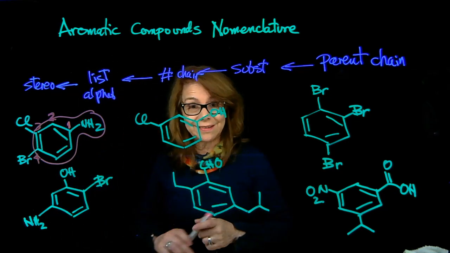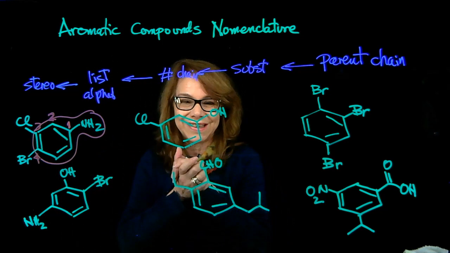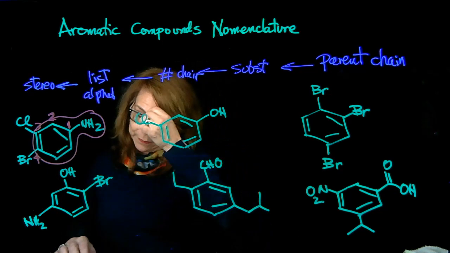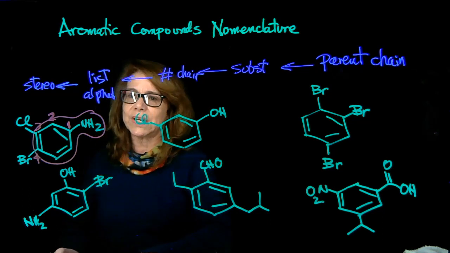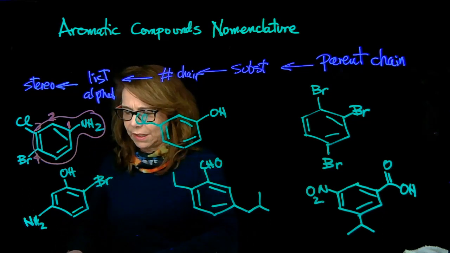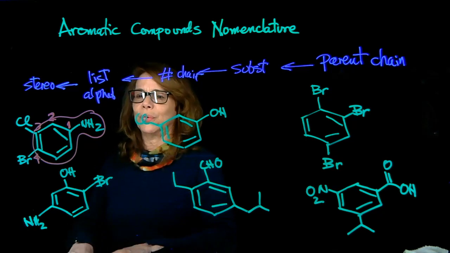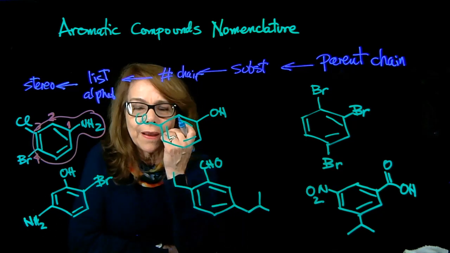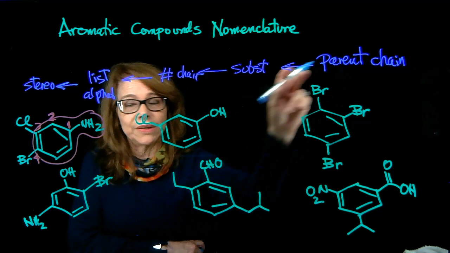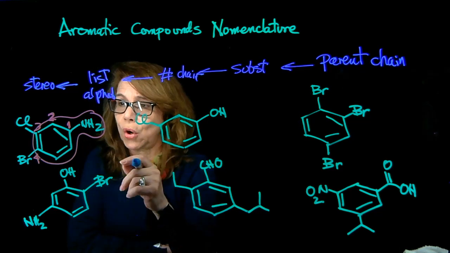In this case, as I said at the beginning, we cannot use ortho-meta-para. We have now 3 substituents, 3 groups. So what I need to be using then is the numbering. Here aniline is my parent chain, so substituents are bromo and chloro.